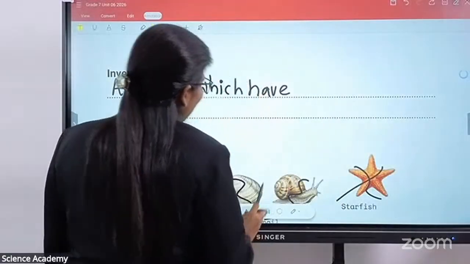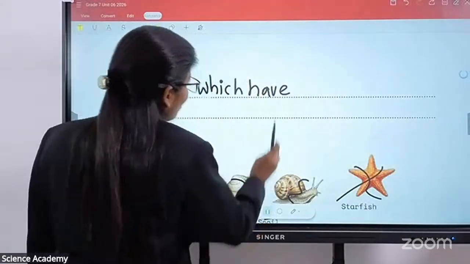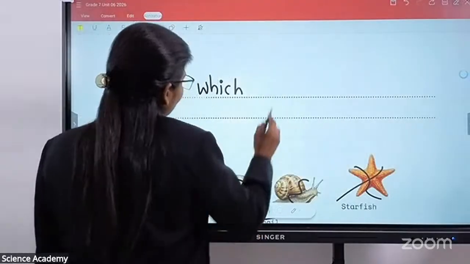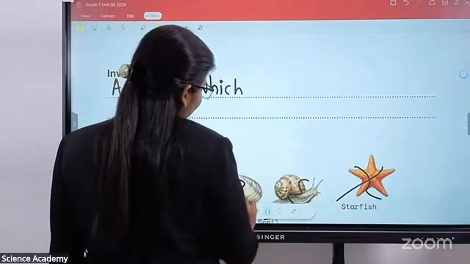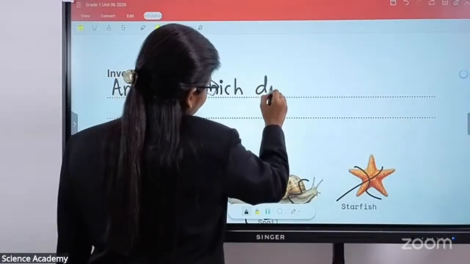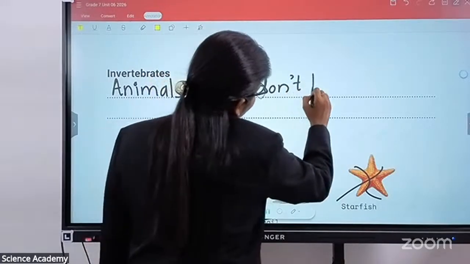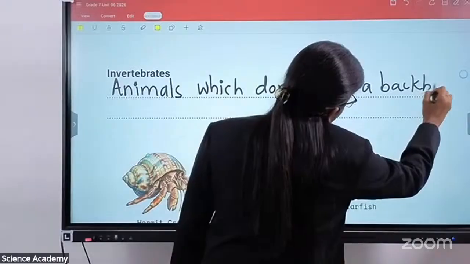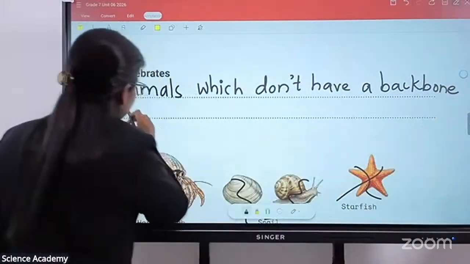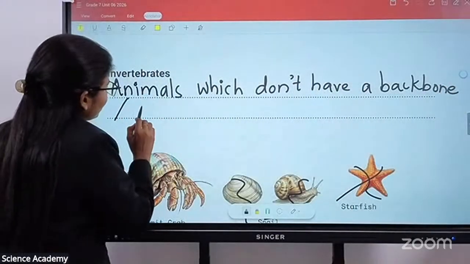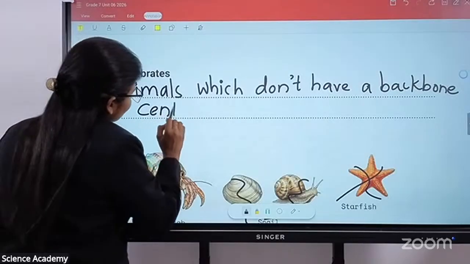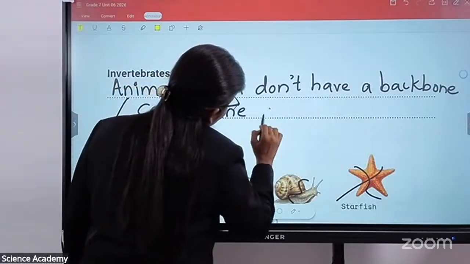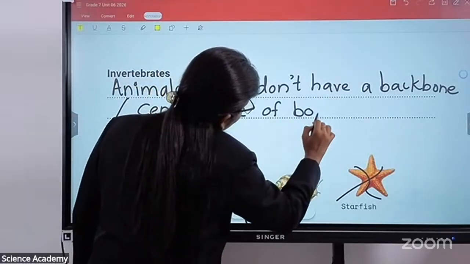Animals which don't have a backbone, that means animals which don't have a central line of bones.